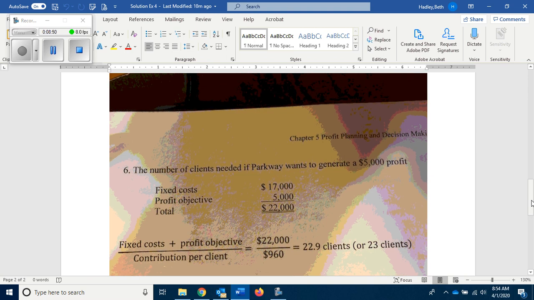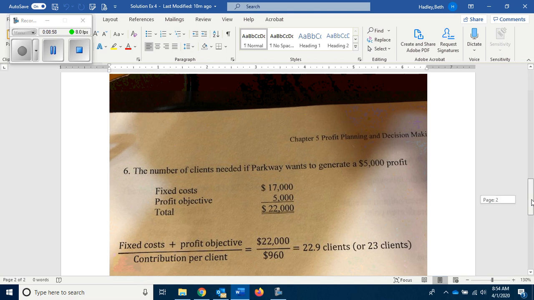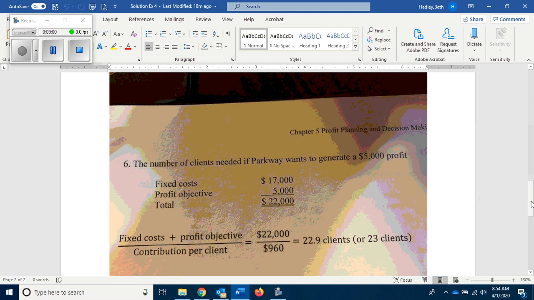Let me see, 23 times 740 equals 17,020. Then your sales revenue of 39,100 minus 17,020 gives you a contribution margin of 22,080.